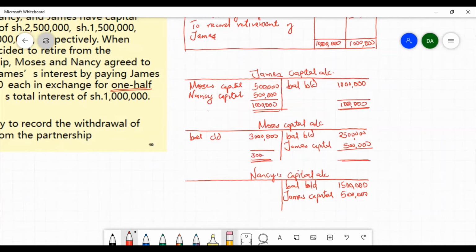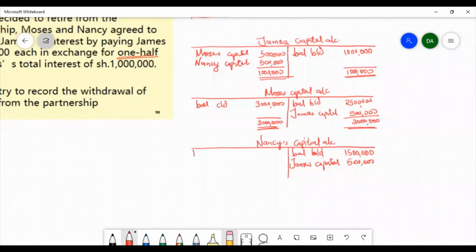The balance carried down for Nancy is now 2 million. That is the capital balance of the partners who are remaining: 2 million for Nancy and 3 million for Moses.